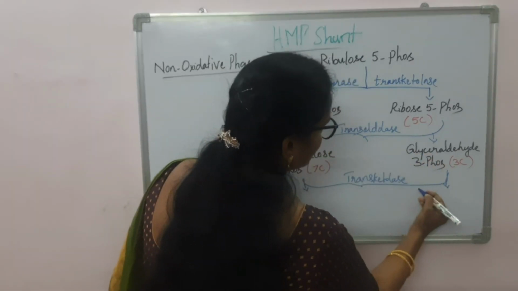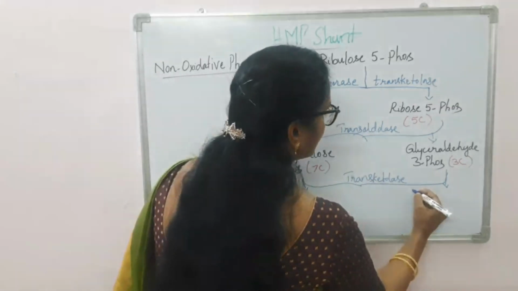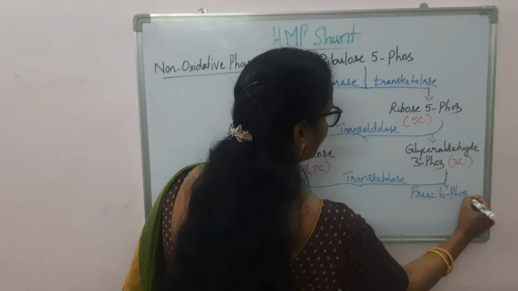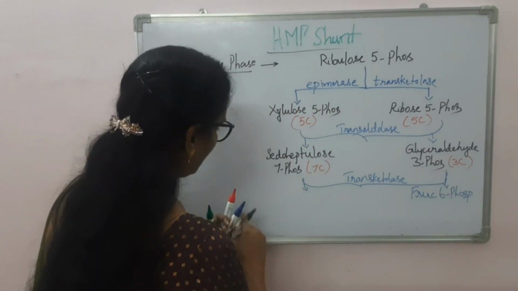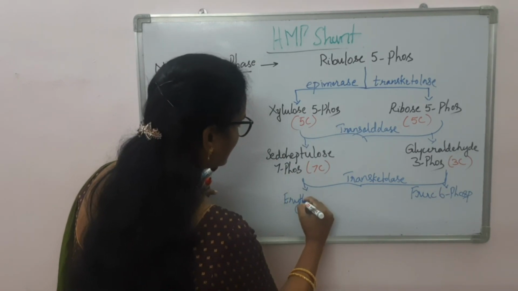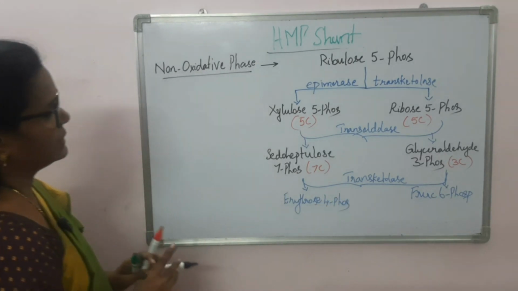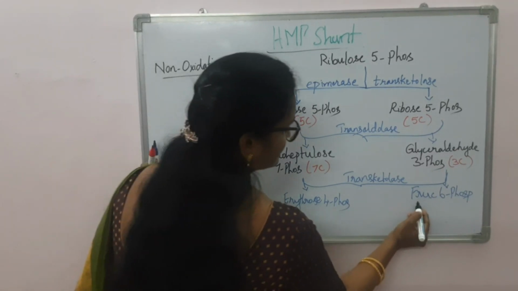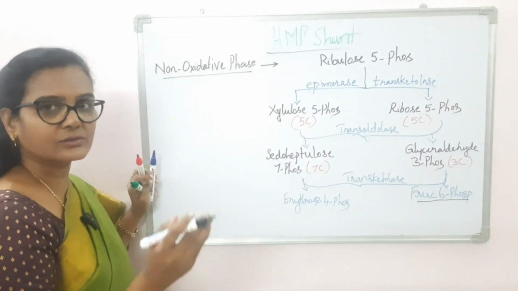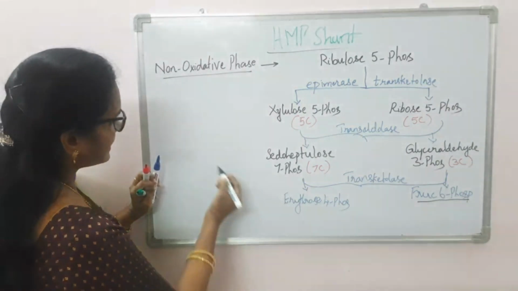So when glyceraldehyde 3-phosphate receives the carbon fragment from the sedoheptulose 7-phosphate, it becomes fructose 6-phosphate, and then the remaining 4 carbons are going to form erythrose 4-phosphate. This fructose 6-phosphate enters glycolysis, and ultimately it is going to be oxidized in glycolysis as well as TCA cycle.